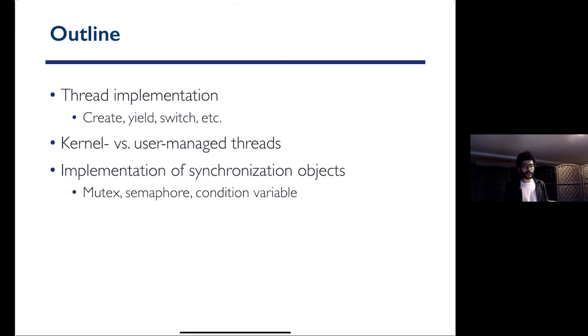And the last part, we'll talk about how we can implement synchronization objects inside the kernel. Again, in 252, you learned about mutexes, semaphores, and condition variables, and you used them to code.